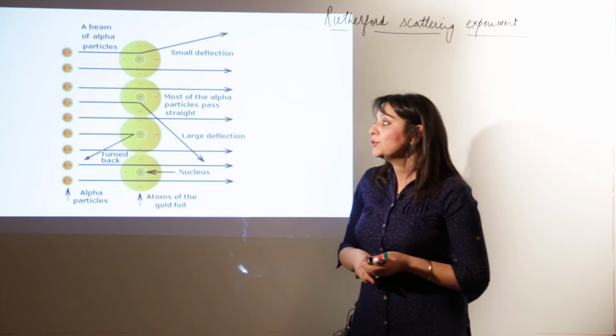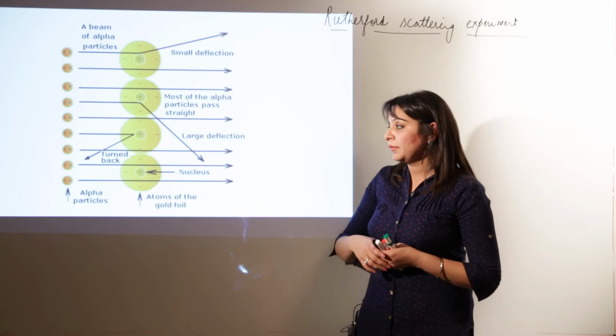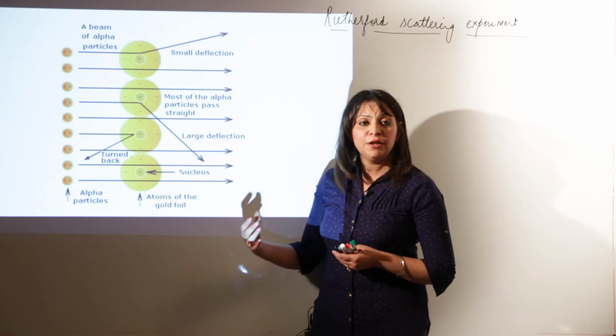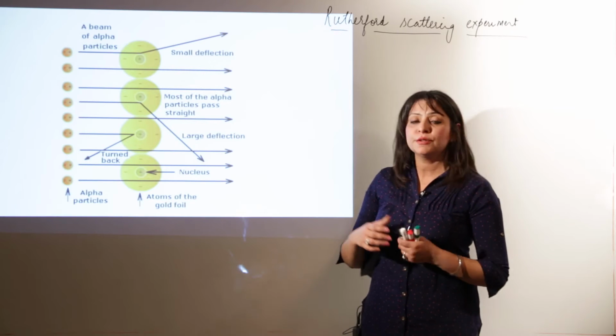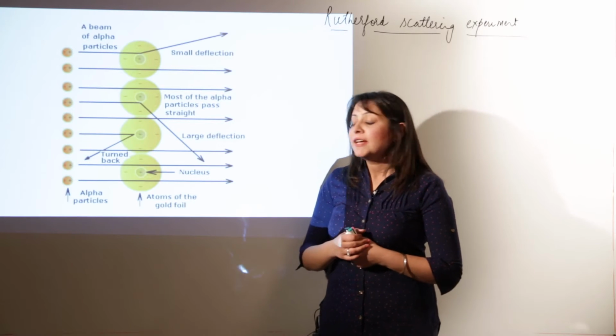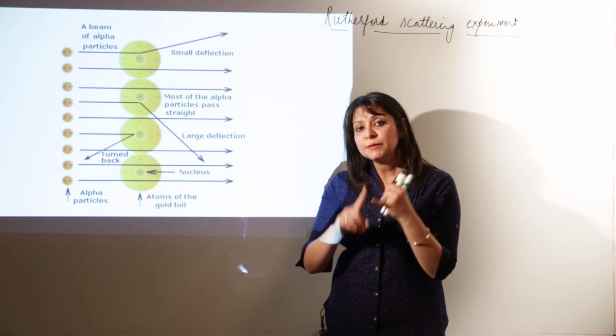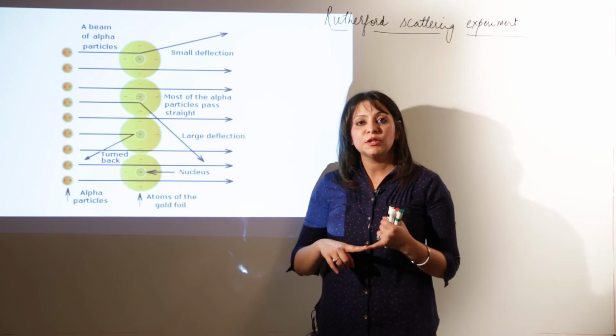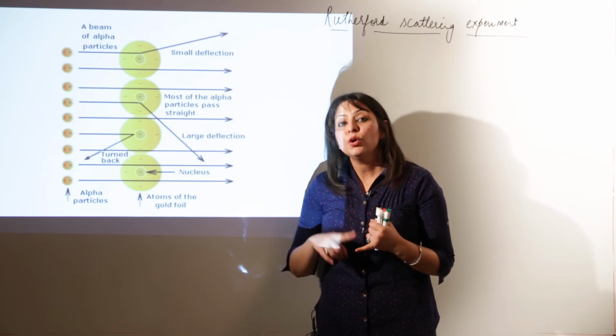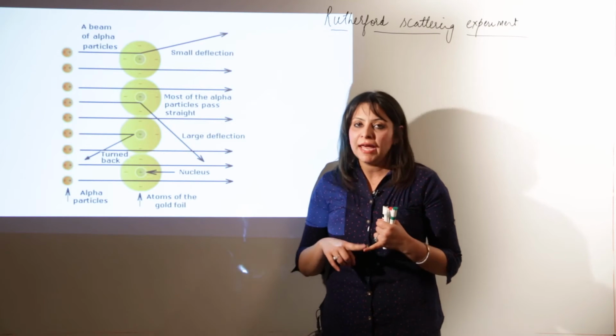So this experiment made Rutherford conclude the following facts. Because the maximum of the rays pass straight, that means most of the space in the atom is empty. I repeat, most of the space in the atom is empty.